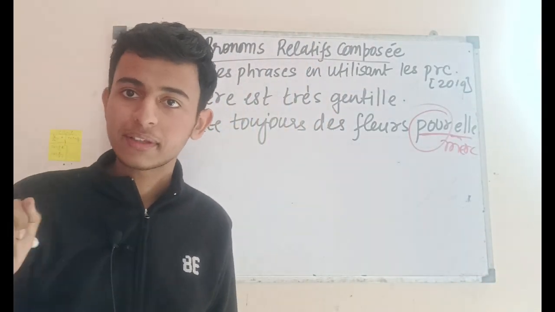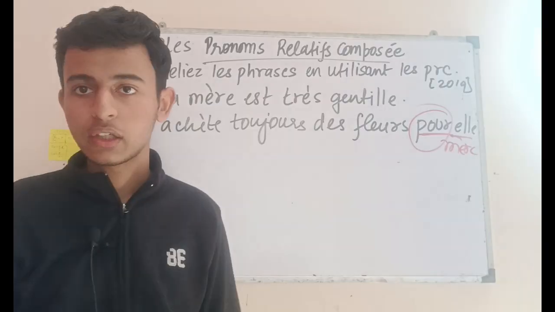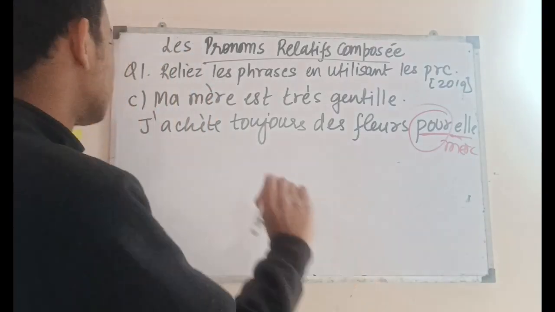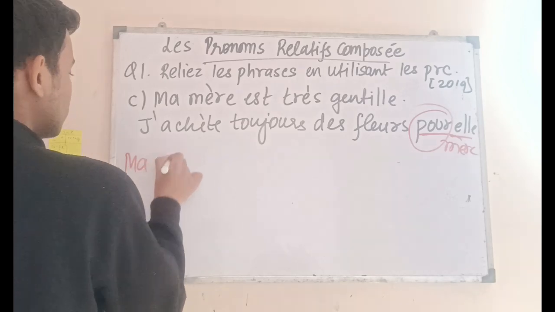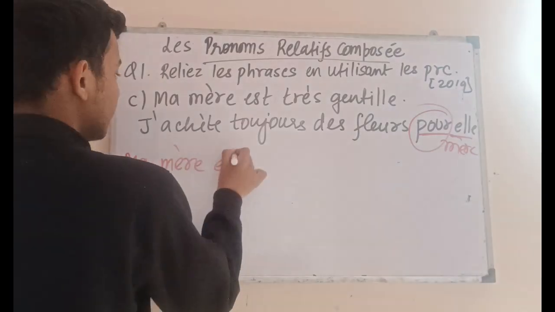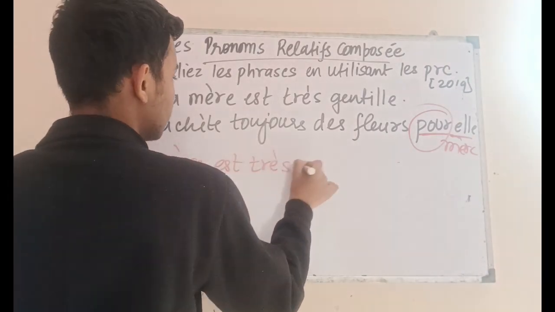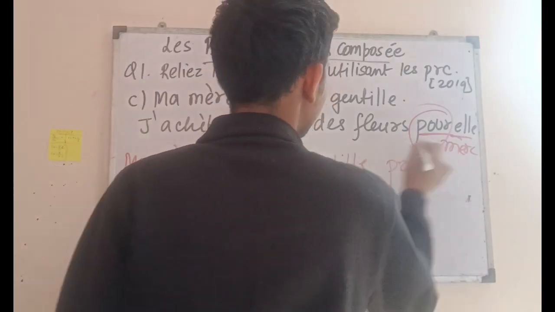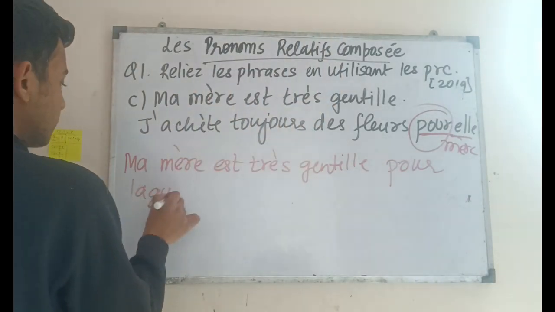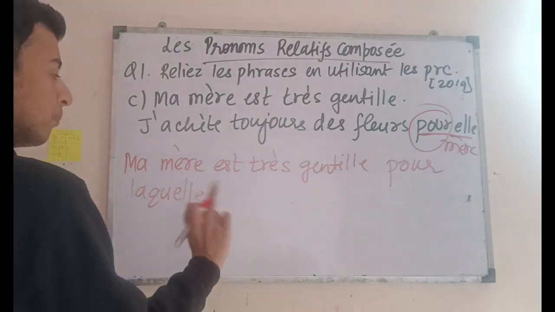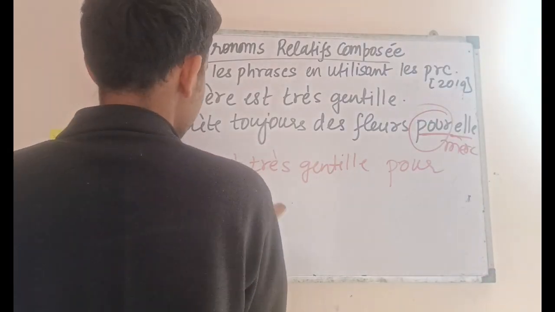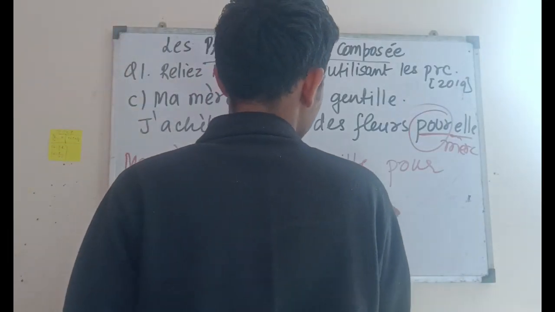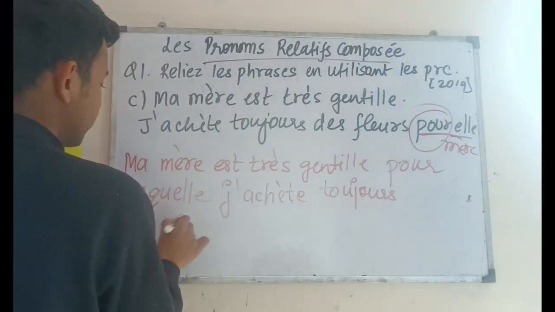There's just one mother. So we'll be using singular, and since mother is feminine, we'll be using laquelle. So we'll write: ma mère est très gentille, pour laquelle, for whom or for which, both, j'achète toujours des fleurs.